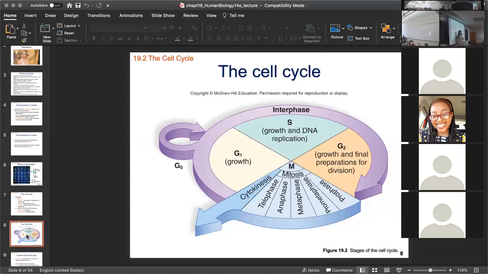Just kind of understand, and we'll see here in a couple of pictures that the chromosomes kind of come towards the middle and they divide after replicating and things like that. After this, the cell goes through cytokinesis. This mitosis phase is called nuclear division, or dividing the nucleus so that the new cell can also have a nucleus. Cytokinesis comes next, and that's where it's dividing of the cytoplasm.